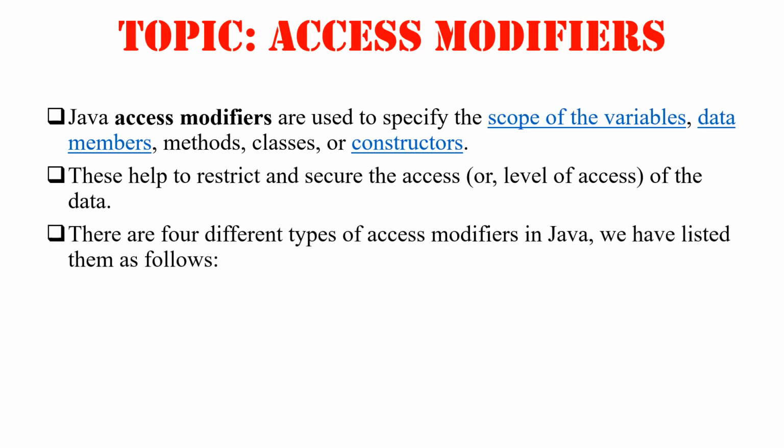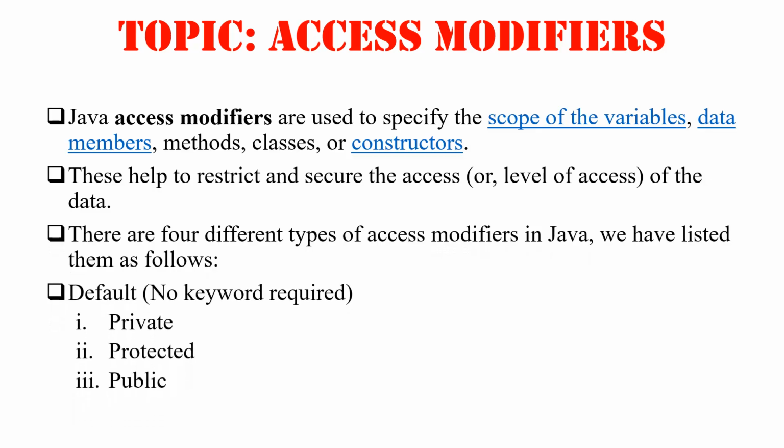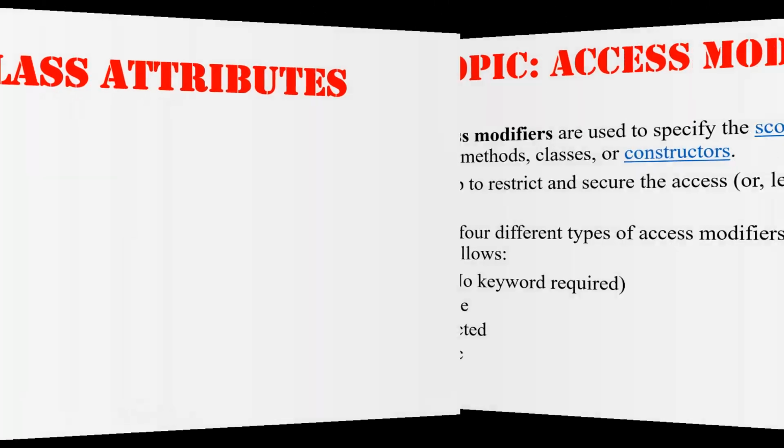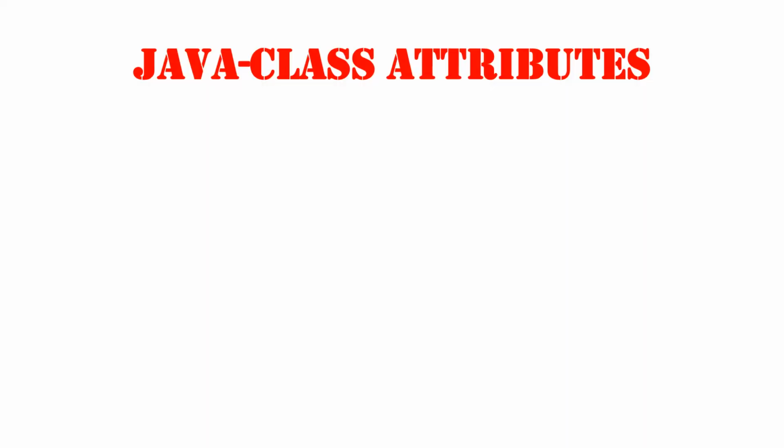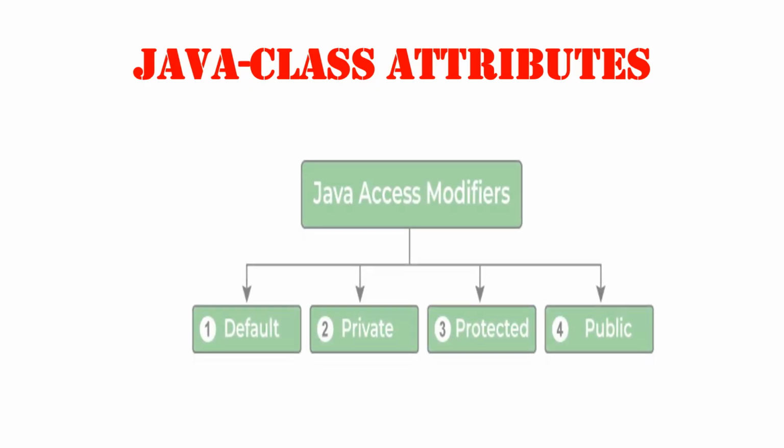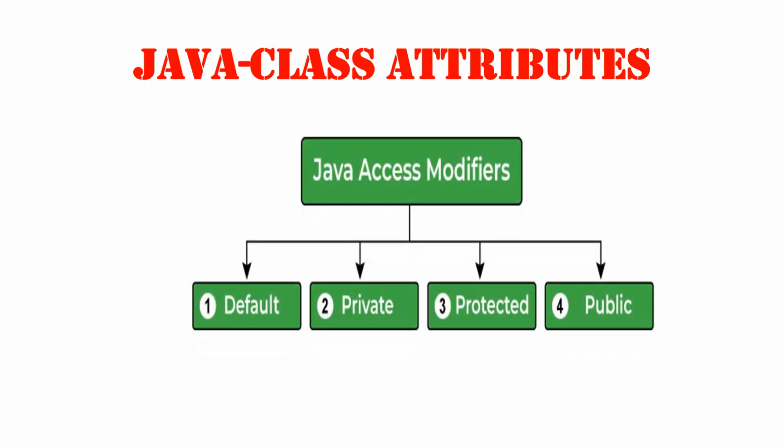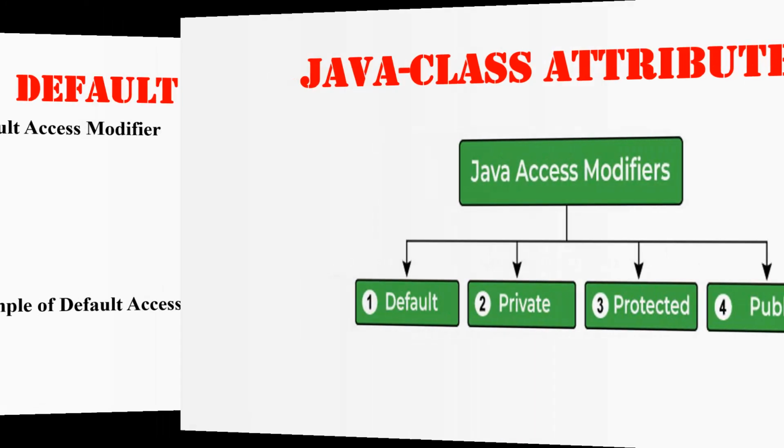Also, there are four types of these access modifiers, and we have even looked at them: the private, protected, and public. Then we have the one which is called the default. So what are all these? Let's look also at class attributes. The Java access modifiers are the default, private, protected, and public within the class attribute.